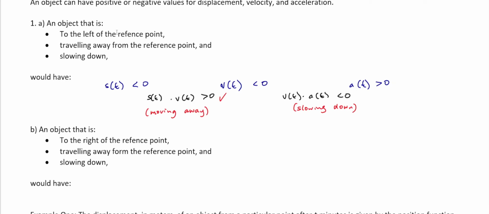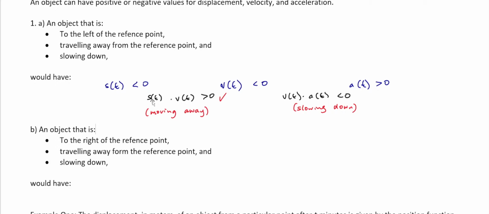Okay, well, if the object is to the left of the reference point, then its displacement function is going to be negative. If it's traveling away from the reference point, then the velocity function would also be negative if it's moving to the left. And then the acceleration function would have to be positive if it's slowing down.